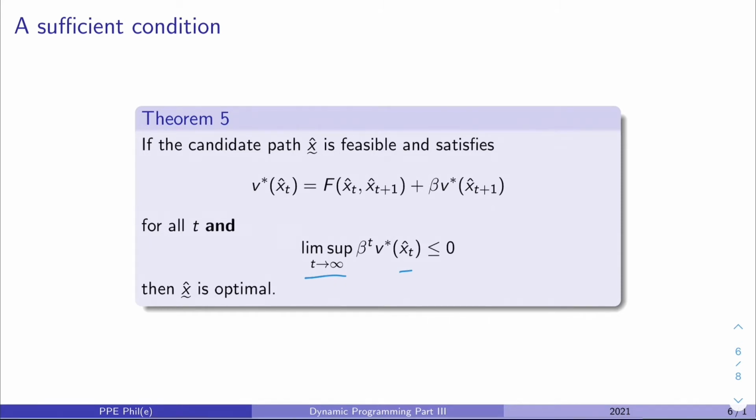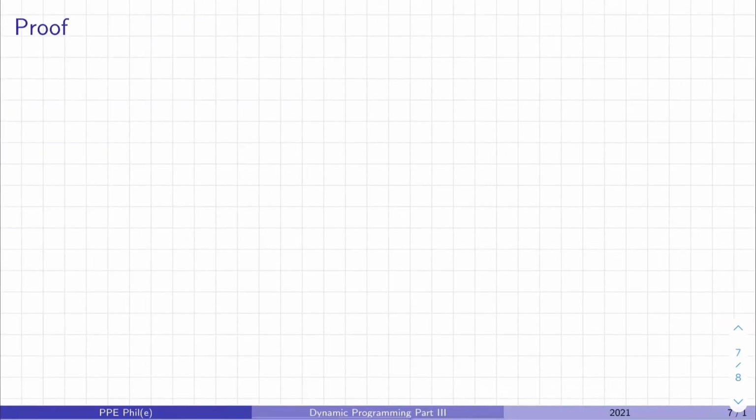So yeah, let's prove it. Now, from the last video, you remember that what we want to show is that this would indeed be the least upper bound to our problem. But actually, we already know that the functional equation is, per definition, the upper bound of the sequence problem.